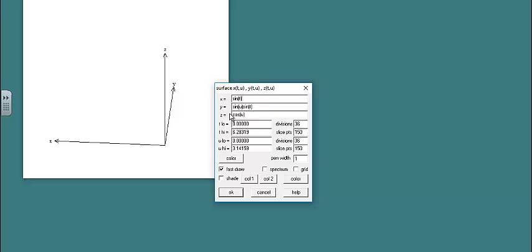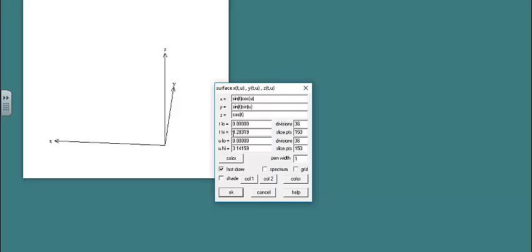Sine of t cosine of u for x, sine of t sine of u for y, and cosine of t for z.